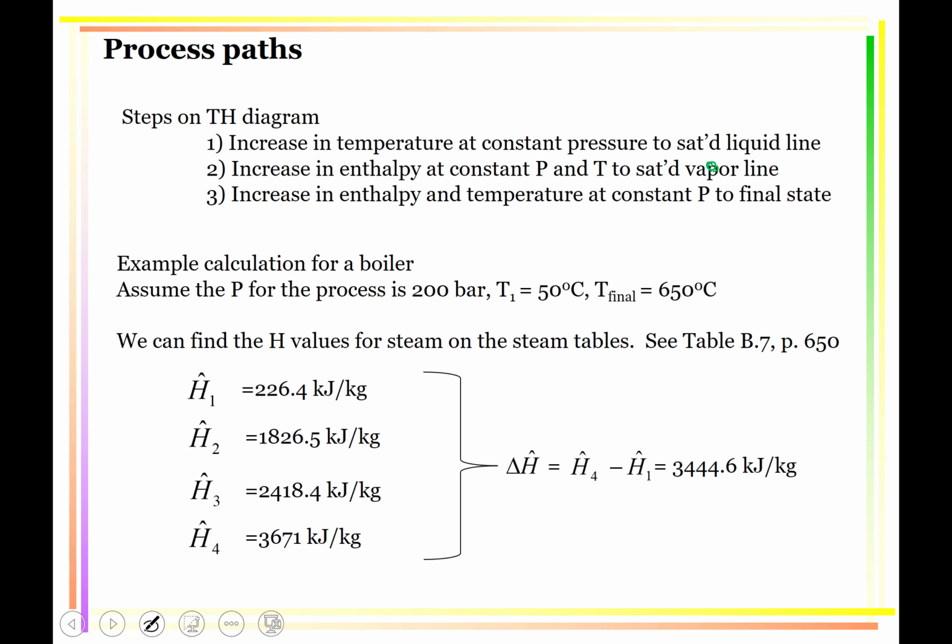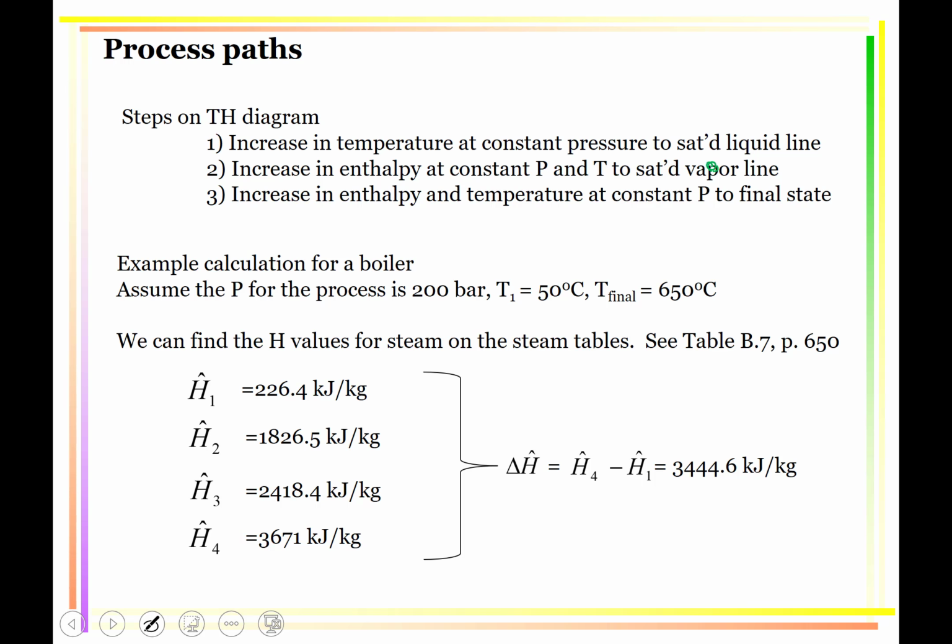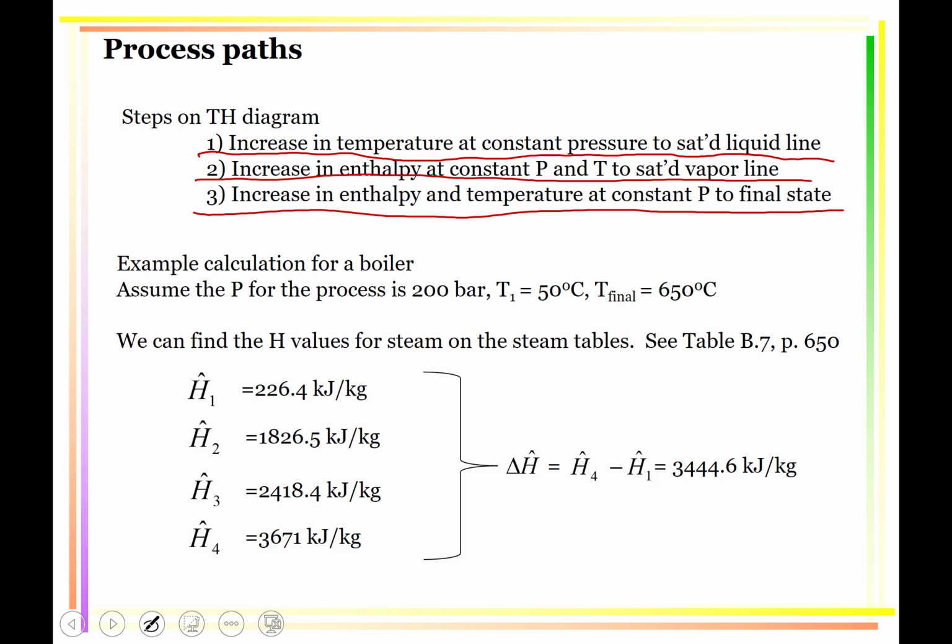So the steps on that diagram would be the following: increase in temperature at constant pressure to the saturated liquid line, increase in enthalpy at constant P and T to the saturated vapor line, followed by the increase in enthalpy and temperature at constant P to the final state.